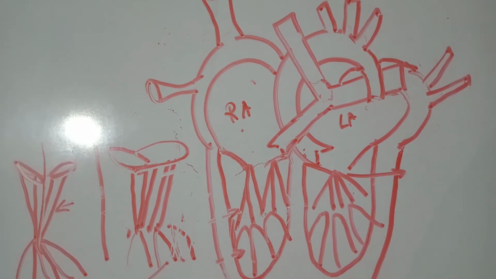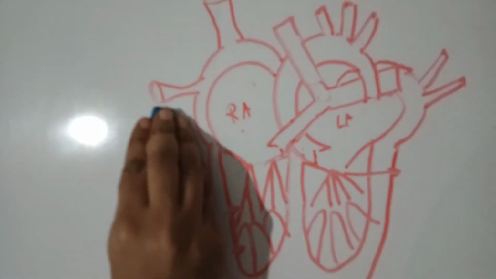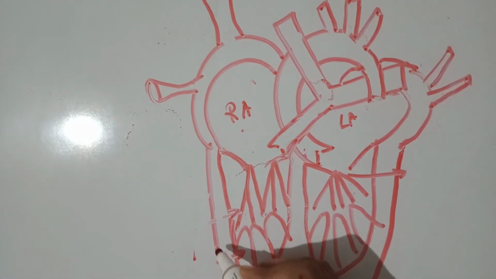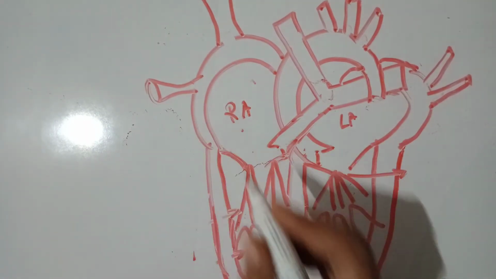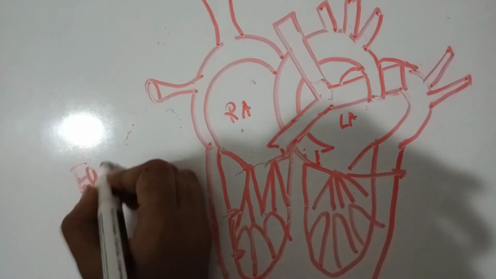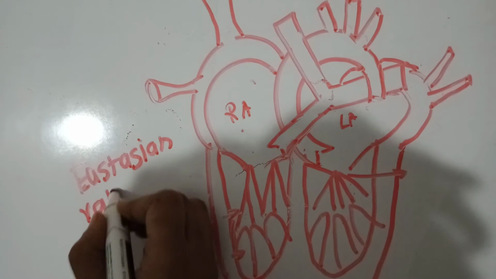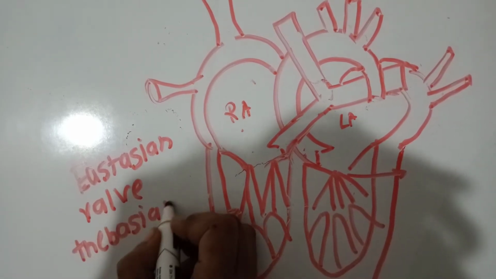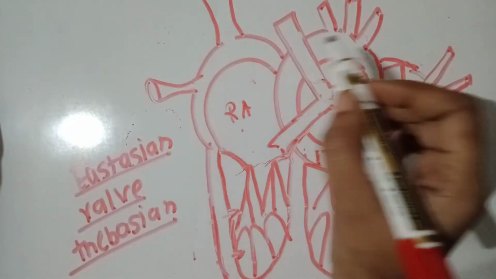Okay students, clear? One more thing I wanted to show you is that two more valves are involved, the Eustachian valve and the Thebesian valve. First we'll see the Eustachian valve.